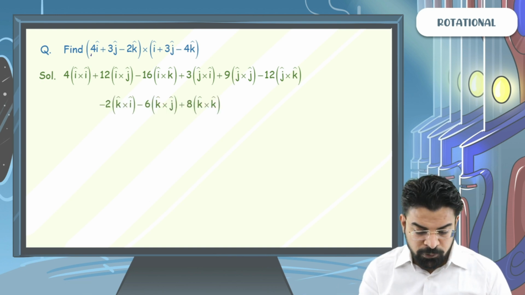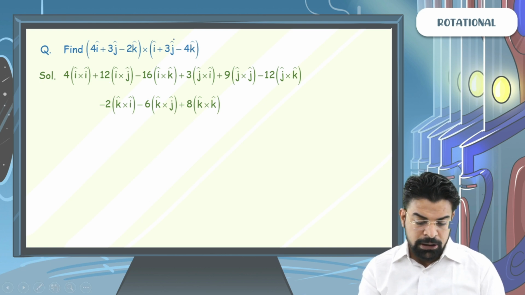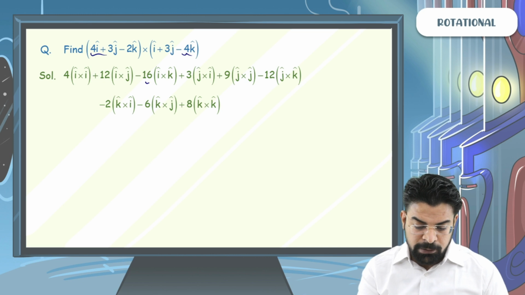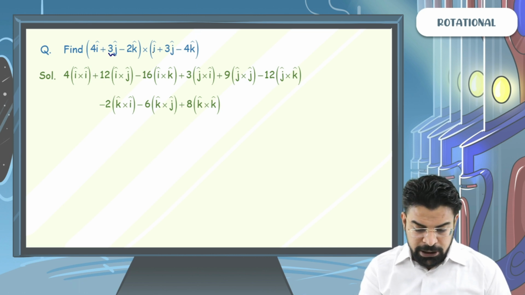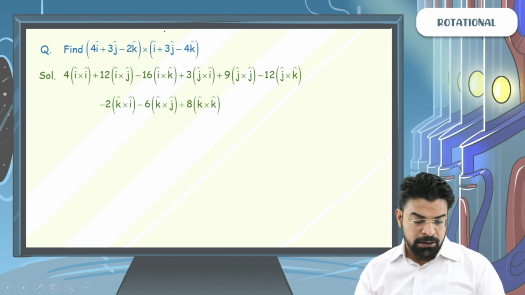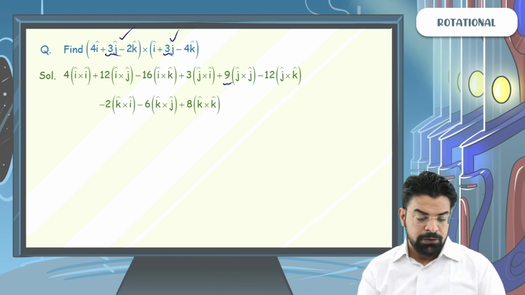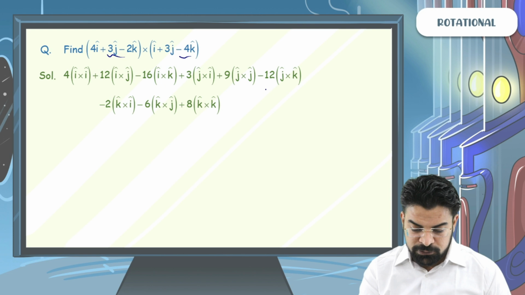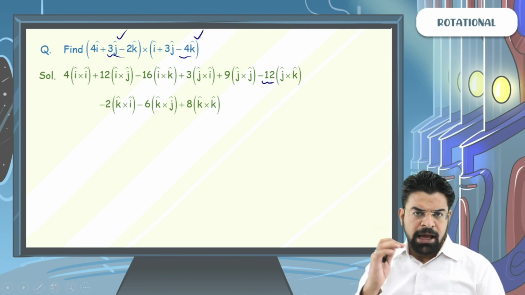So 4 times of i cross i, then 4 into 3, 12 times of i cross j, then 4 into minus 4, minus 16 times of i cross k, then 3 into 1, 3 times of j cross i, then 3 into 3, 9 times of j cross j, then 3 into minus 4, minus 12 times of j cross k, and keep on doing it for every term.